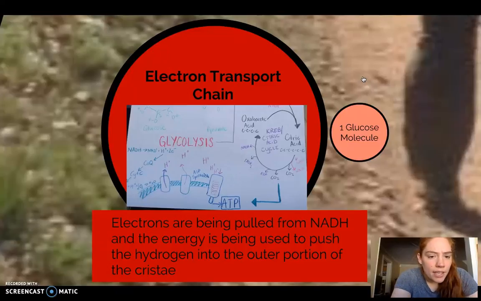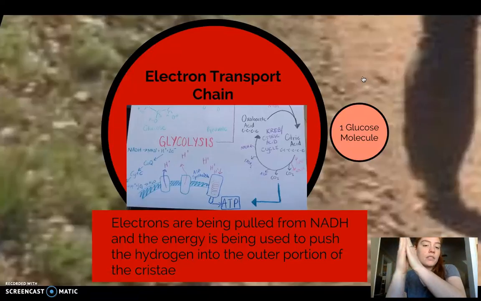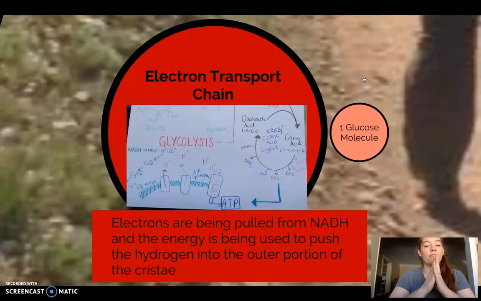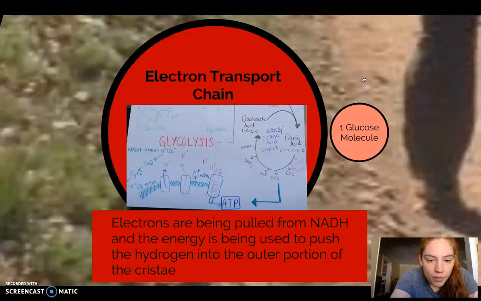And we have NADH being reduced to NAD positive plus H plus 2 electrons, which have a lot of energy in them, and which are going to go down the electron transport chain, and as it goes down, water is going to be the end product, but it's releasing energy every time it goes down that electron transport chain. If you can see here, where the arrows are coming through, it's moving hydrogen into the outer membrane.